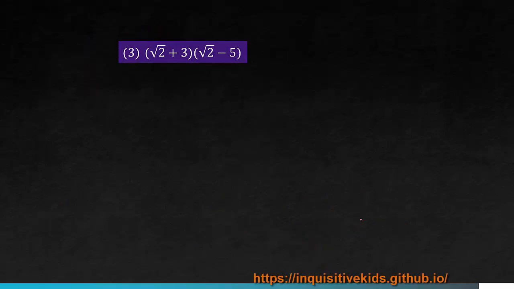Here's our third example. This time it's a polynomial times a polynomial. Here's a solution. Our first step in solving this problem is we're going to look at one of these expressions as a whole, and we're going to distribute that into the second polynomial.